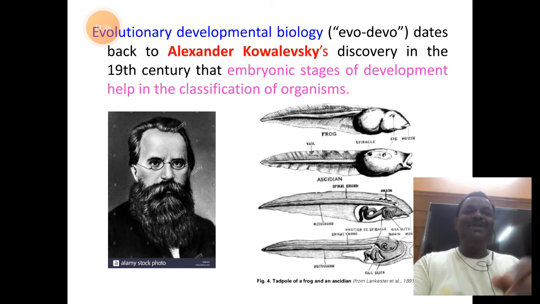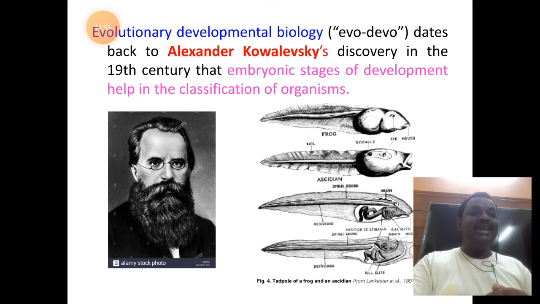Evo stands for evolution, devo stands for developmental biology. This branch of science originated in the 19th century by scientist Alexander Kowalevsky, because he used the embryonic stages of development to classify the organisms.